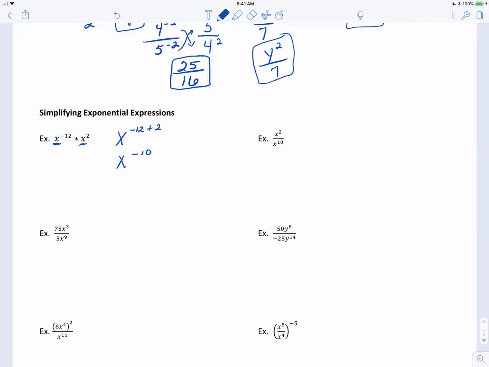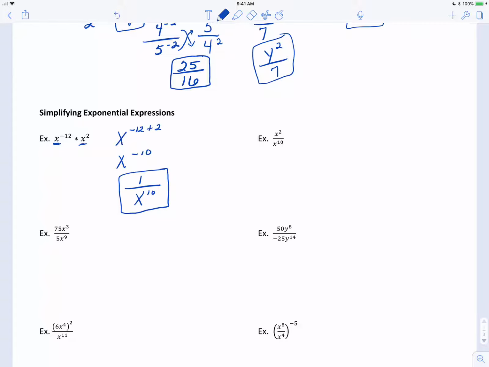Negative exponents are never going to be an acceptable answer except in scientific notation. So you always want to make them positive. And in this case, we know we'll push that x to the 10th to the bottom so that exponent is positive.